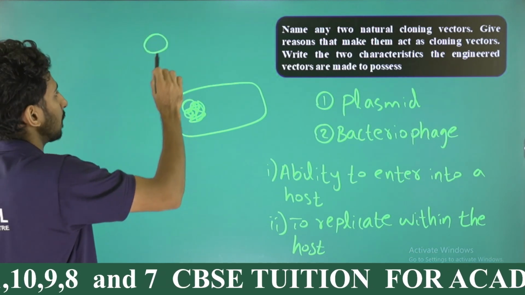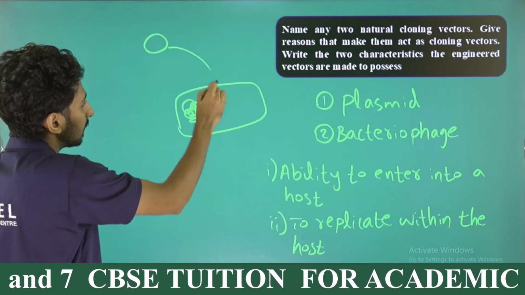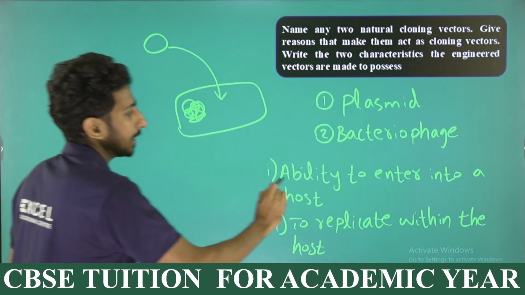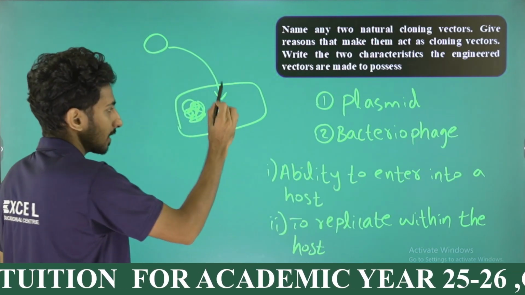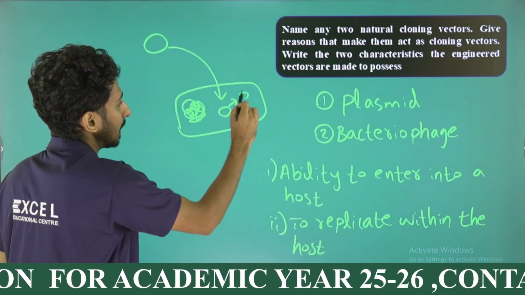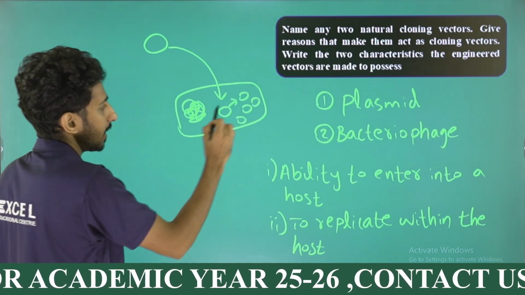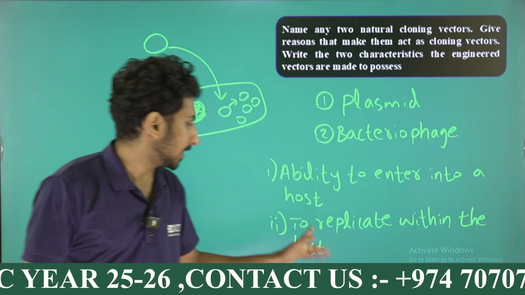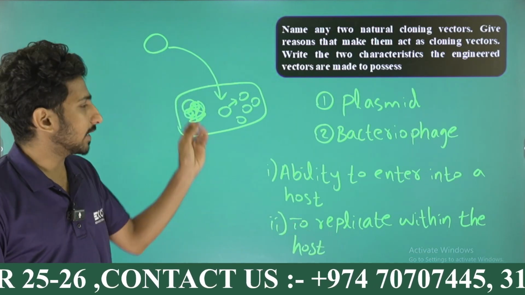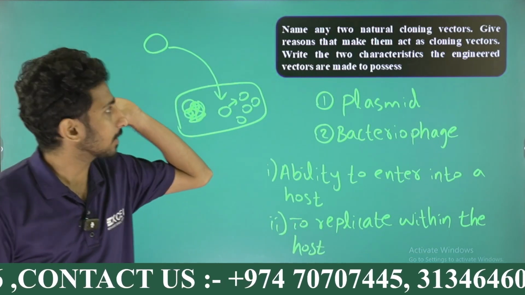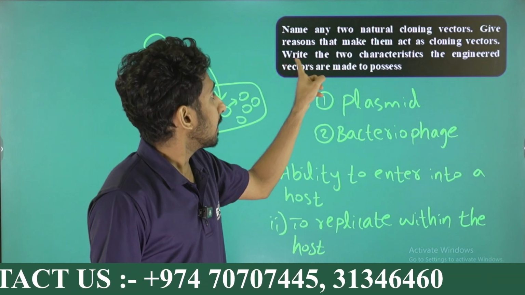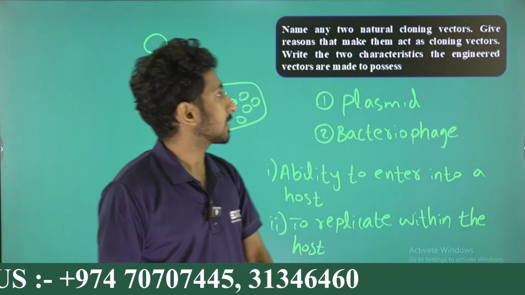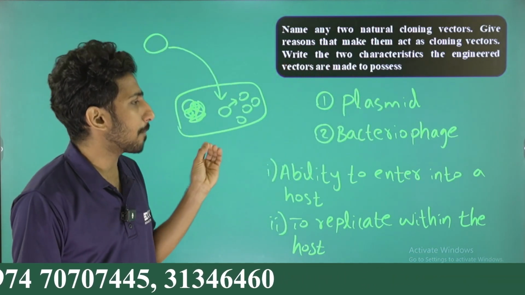This vector must have the ability to enter into the host cell. Second one, ability to replicate itself in the host cell. Replication means making copies. These are the advantages of a cloning vector. Got it?